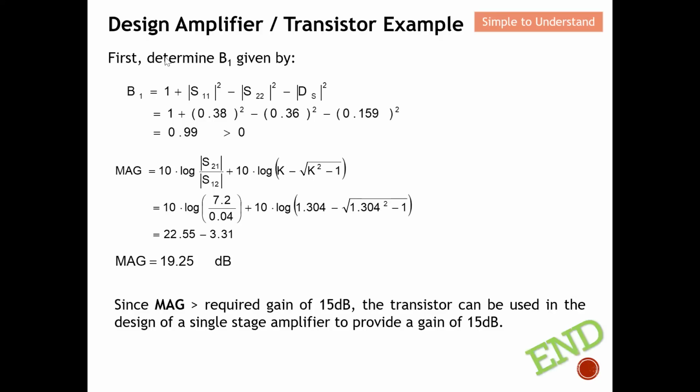Now we need to calculate the maximum available gain. Remember, it is tasked to have a gain of 15 dB. Whether they will be able to achieve it or not, let's do a calculation here. If you still remember, we need to calculate the B1 value. You just check whether it is positive or negative.